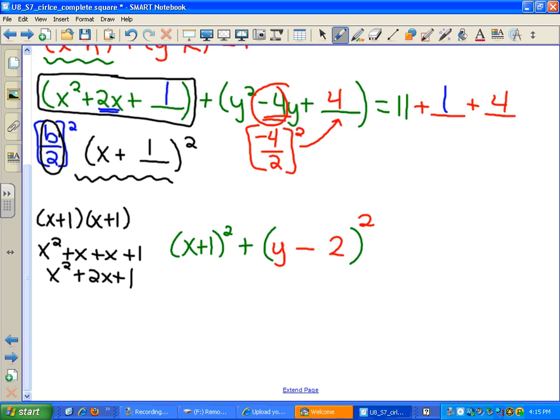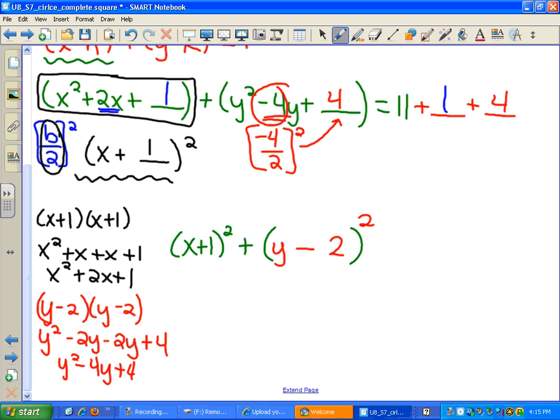If I were to take y minus 2 times y minus 2 and FOIL it out, I'd get y squared minus 2y minus 2y plus 4, which is y squared minus 4y plus 4. And that's what I started with. So the (y minus 2) squared is just a different way for me to write the y squared minus 4y plus 4 equals 11 plus 1 is 12, plus 4 is 16.